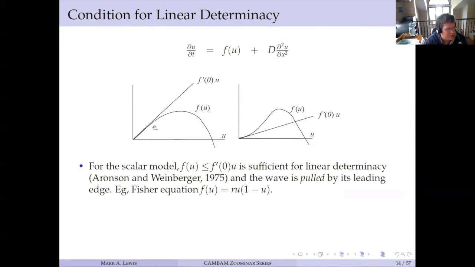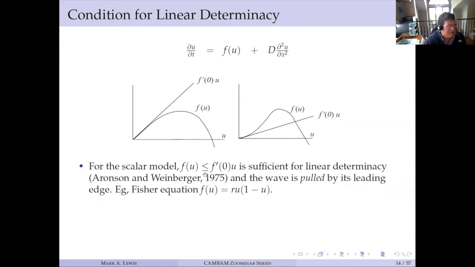So Fisher's equation is shown on the left, where the linearization lies above the nonlinear function. But on the right-hand side, we see a case where the linearization about 0 doesn't lie above the nonlinear function everywhere.